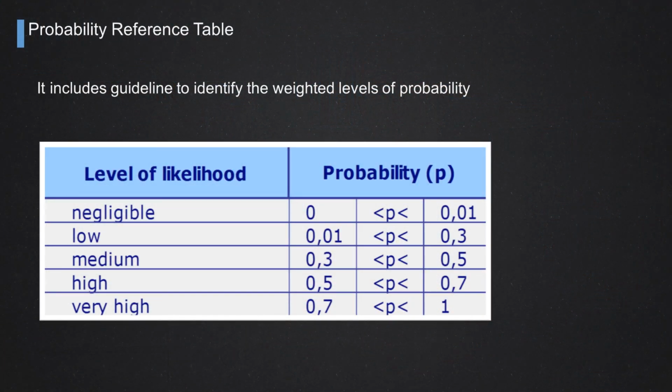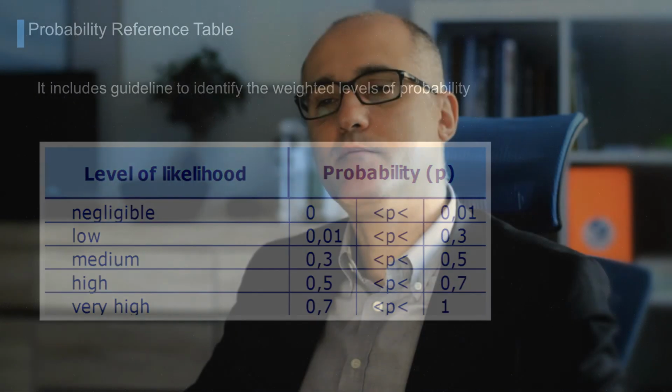From 30% to 50%, the probability of occurrence of the event is considered medium. From 50 to 70%, high, and over 70%, very high. This is a typical reference table in terms of probability that has to be found by the team inside the risk management plan.